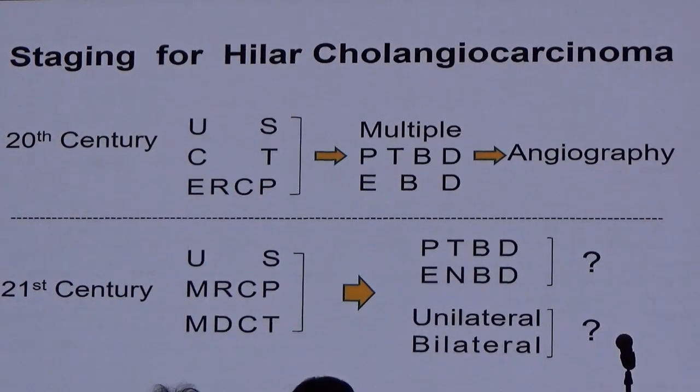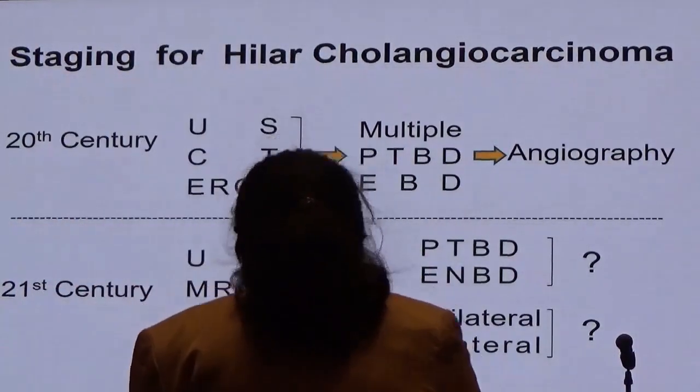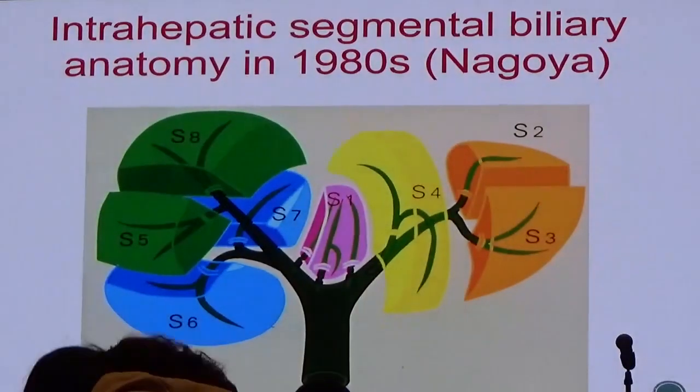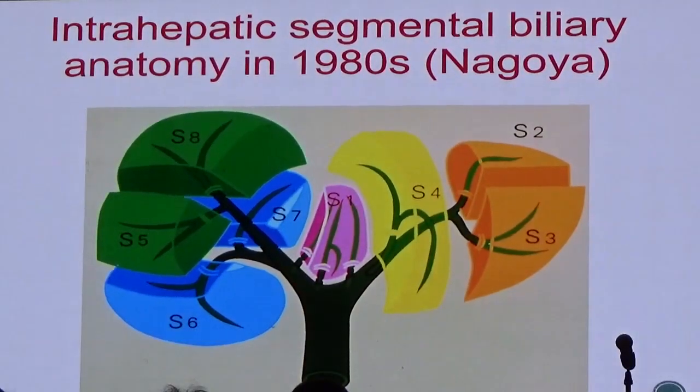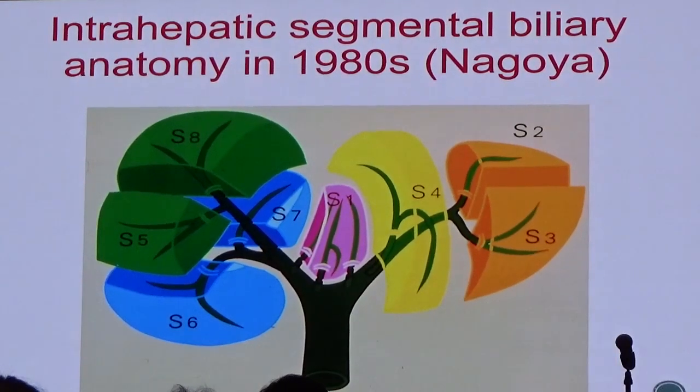And recently, we prefer to use endoscopic nasobiliary drainage, ENBD, unilaterally or bilaterally. In the 1980s, I developed the intrahepatic segmental biliary anatomy of the liver according to Couinaud's segmental anatomy of the liver.